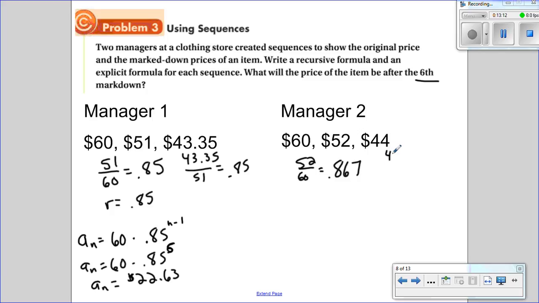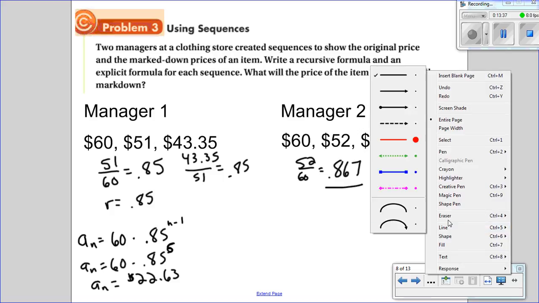And if we take 44 divided by 52, we get 0.846. And that's not the same. So if that's not the same, what do we do then? Well, we know that it's not geometric.